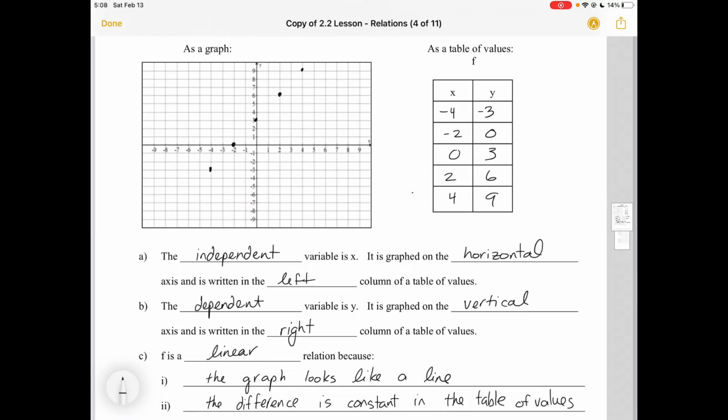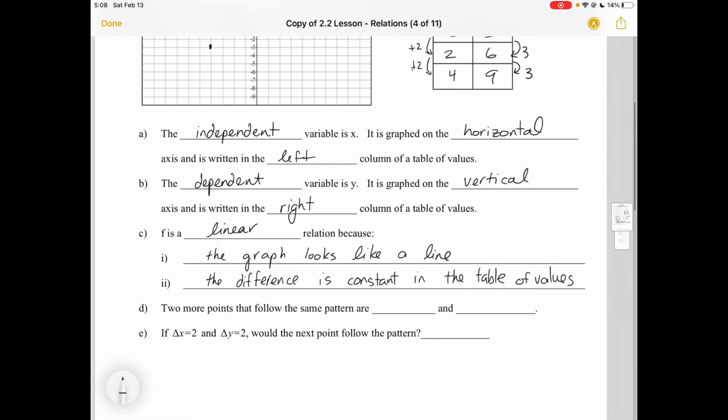Let's take a minute to look at what I mean by that. I mean that the x values are all going up by 2, and the y values are all going up by 3. So they are each going up by the same value each time. X is going up by 2, y is going up by 3.